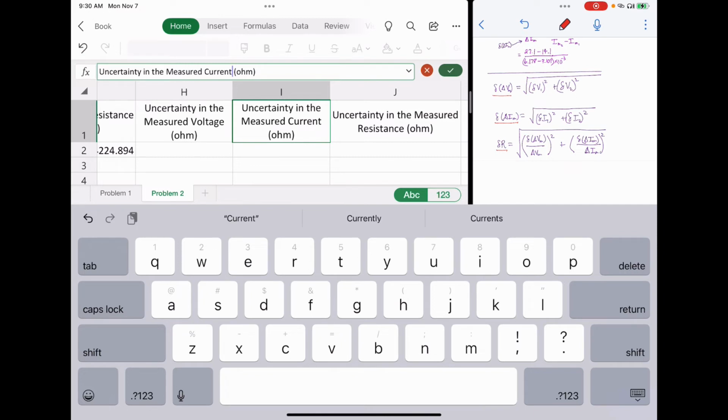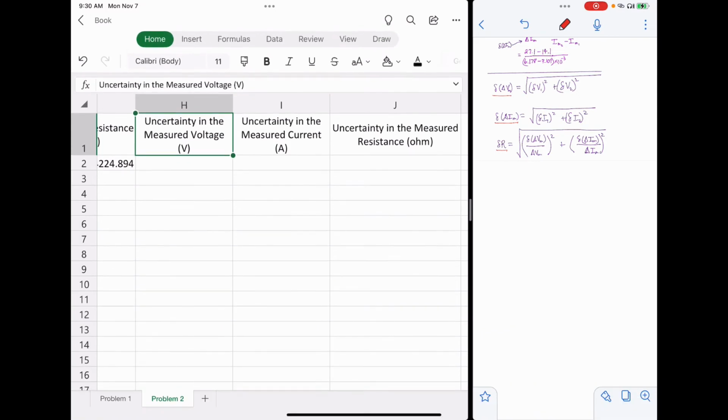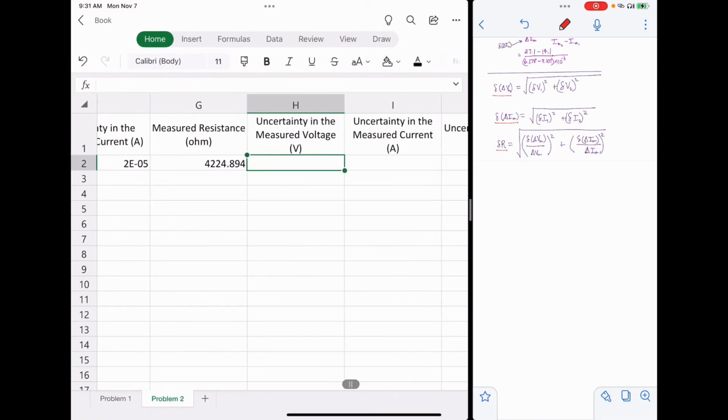So you can see that my units are off. So we know that this is just amps, and our voltage is going to be in V or volts. And voltage is kind of like a misnomer. We can use it, but really we're talking about electric potential difference. So voltage measures the electric potential difference.